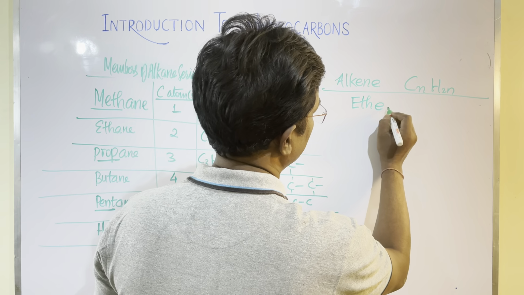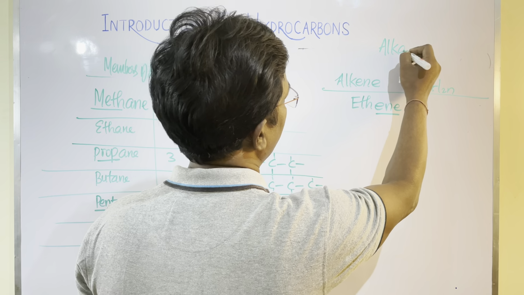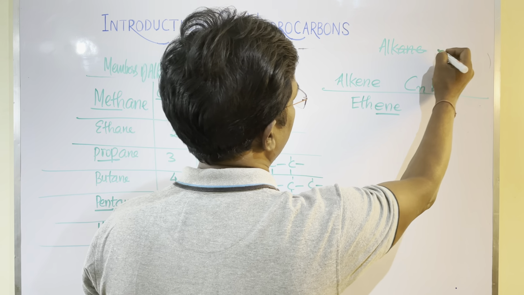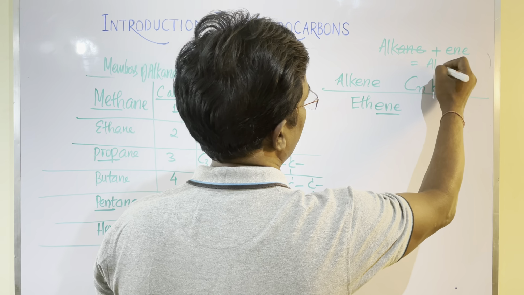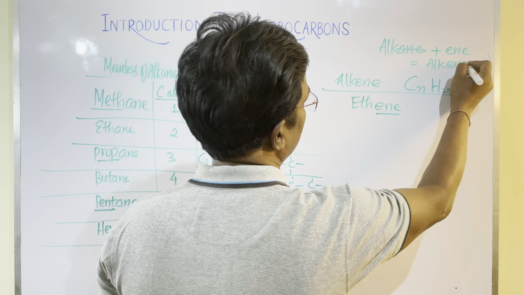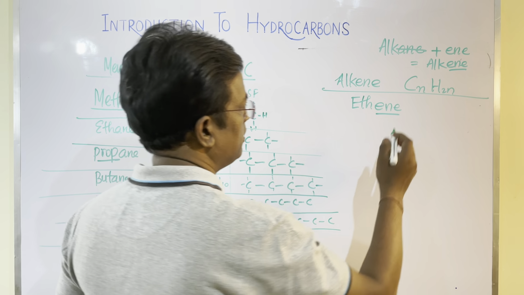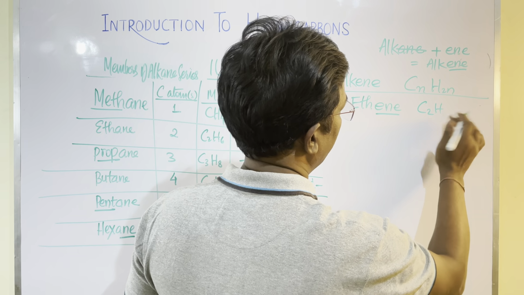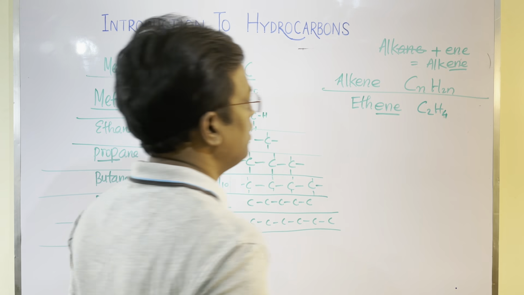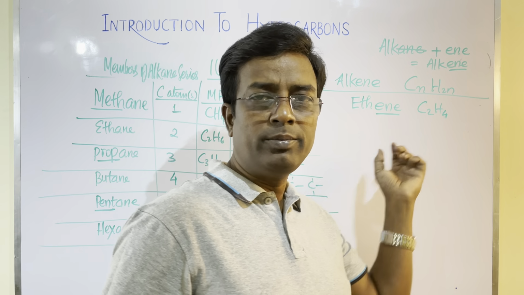Now from alkane, if you remove ANE and add ENE, it becomes alkene, unsaturated, with a double bond: ethene. Now here the formula is C2H4, very easy. Always be smart, always make the first double bond between two carbons.